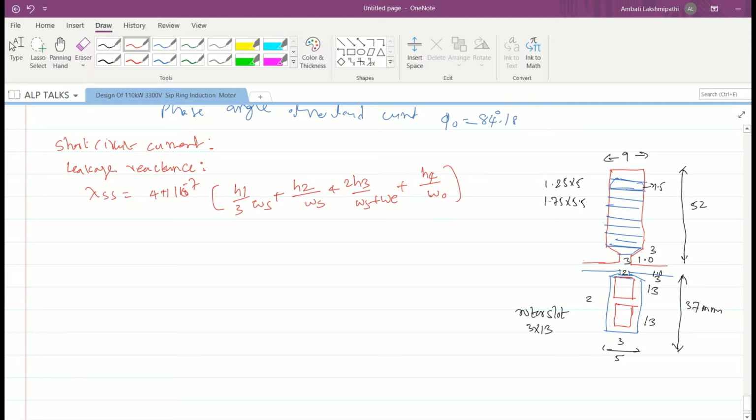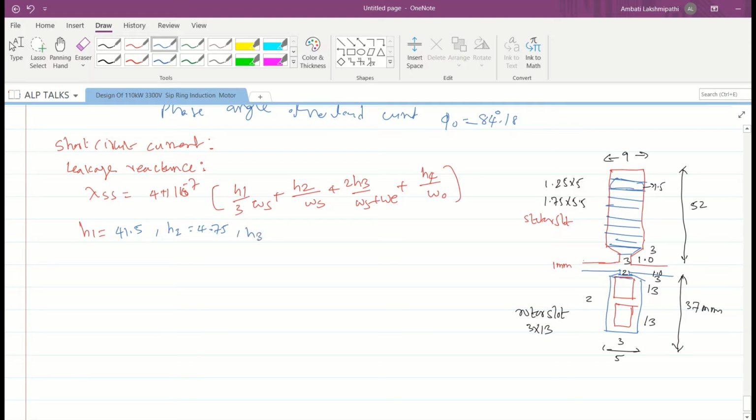Let's calculate all the dependent parameters. Here you are observing a stator slot and a rotor slot, and in between an air gap of 1 mm, which we mentioned in the figure. For this machine, h1 comes to be 41.5 and h2 comes to be 4.75.